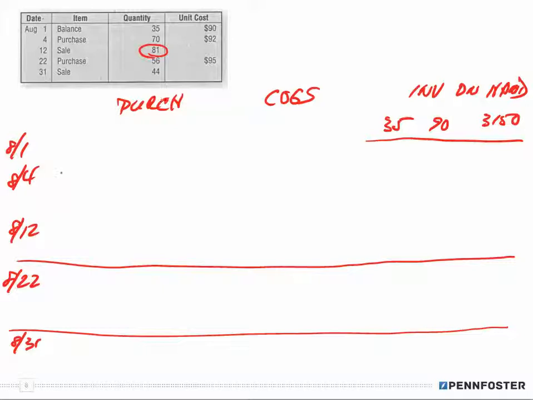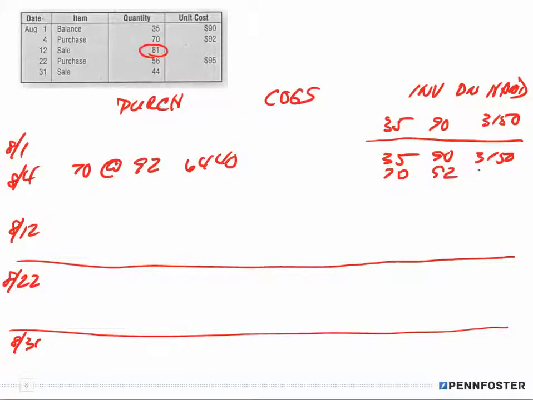On 8/4, we purchased 70 at 92, which still gives me the 6,440. So we still have 35 at 90 for 3,150, plus the 70 at 92 for 6,440. This gives 9,590.